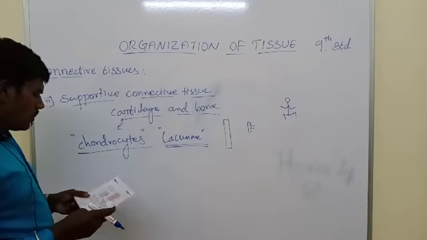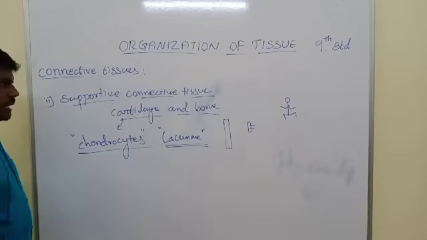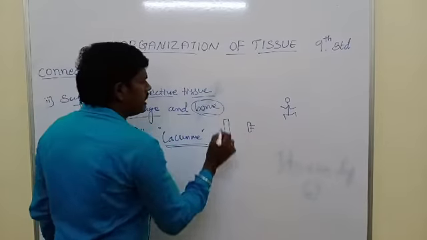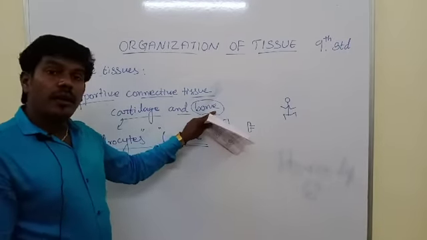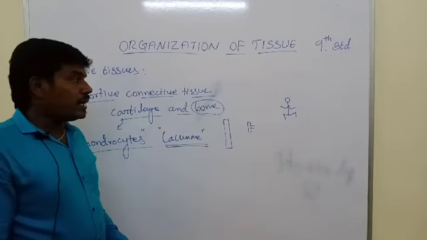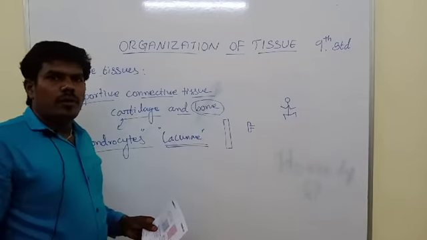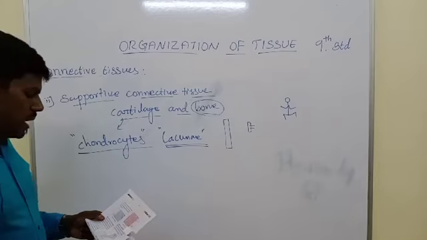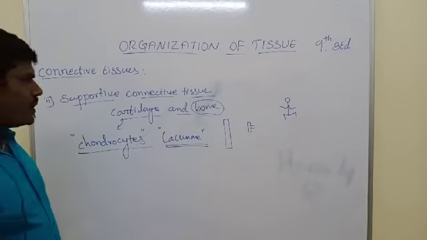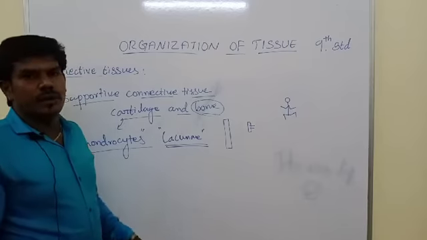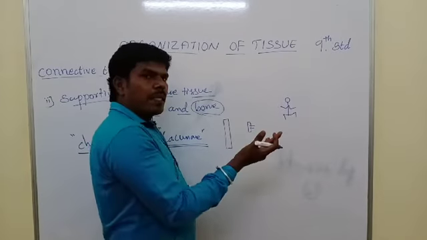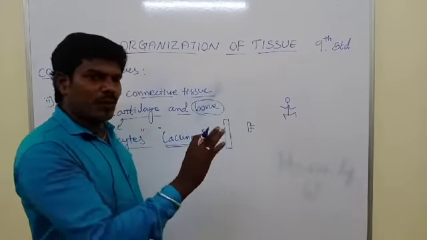And the bone. The next one, bone, is solid. It does not break easily because it has hard particles. It is non-flexible skeletal connective tissue. Before that, I discussed that everything is flexible, meaning easily changing shape and moving from here to there.